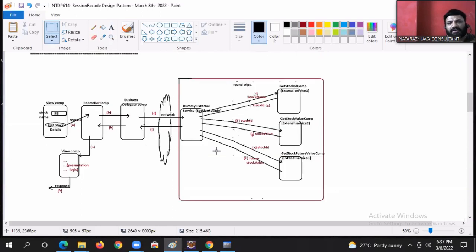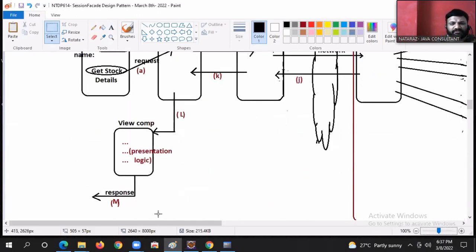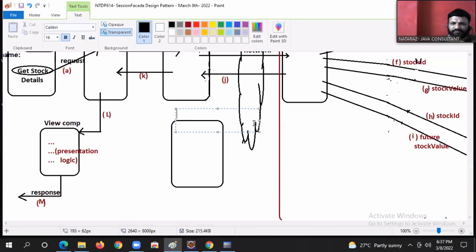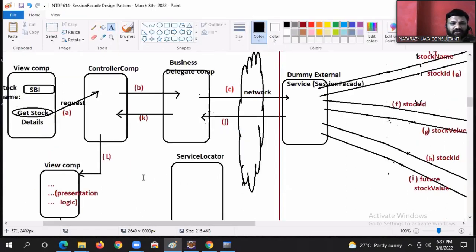Right, guys. Now let's see my improvisation. My improvisation here is service locator. I'm dropping all the numbers, guys. I would like to give the new numbers.